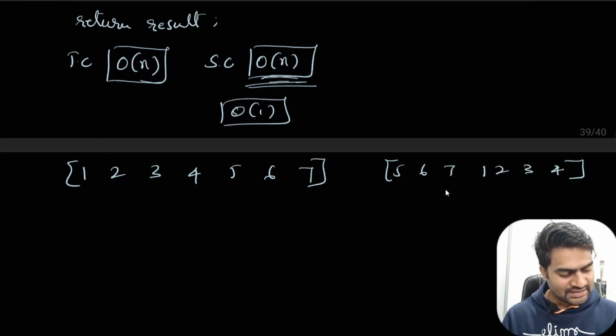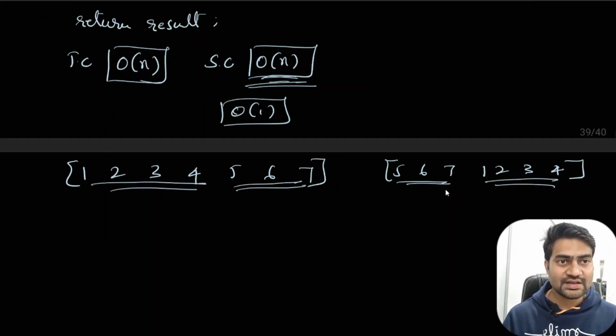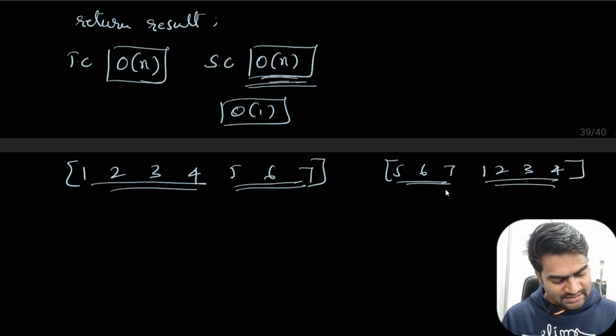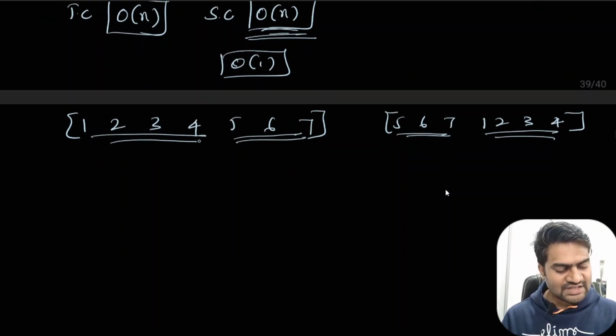Now let us see, this part is this one and the remaining part is this one. Now I will simply rotate this particular array. Rotate in the sense I will reverse this particular array. So what will be the reverse?